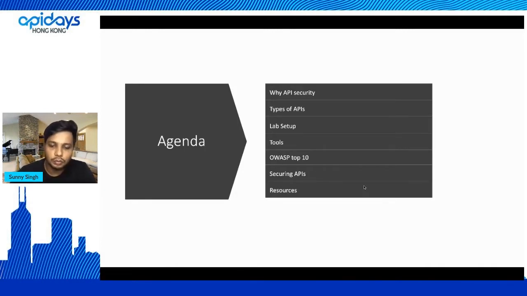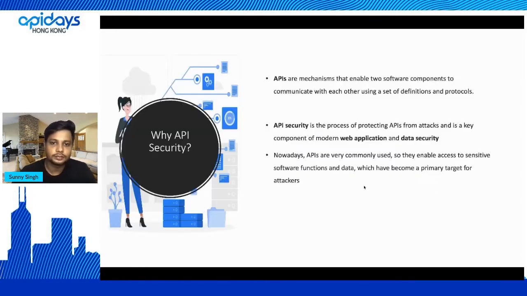We'll be discussing the tools, and the attacks seen in the last three to four years on the API surface, and then we'll see how we can secure them. And as a bonus, I have a few resources listed which can help you learn about security and securing the APIs.